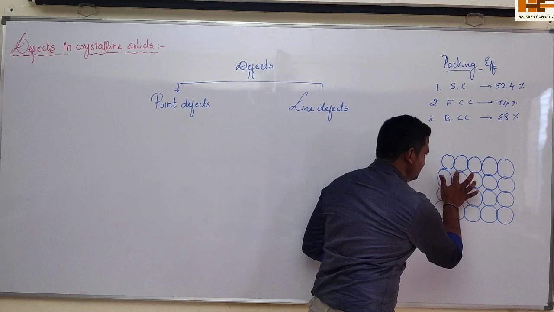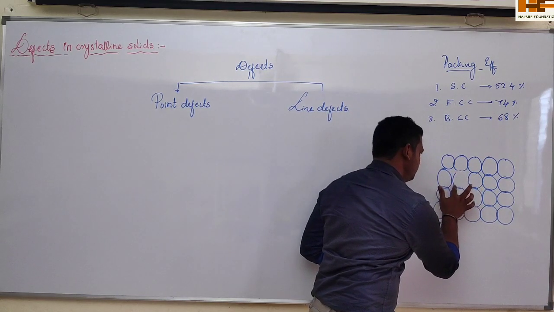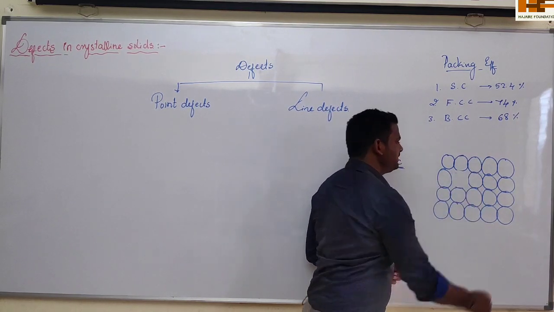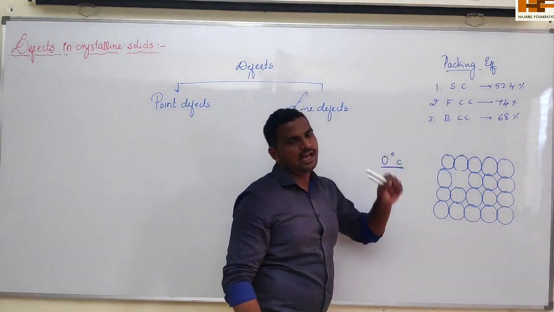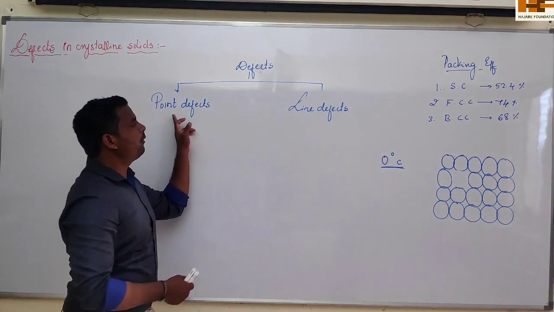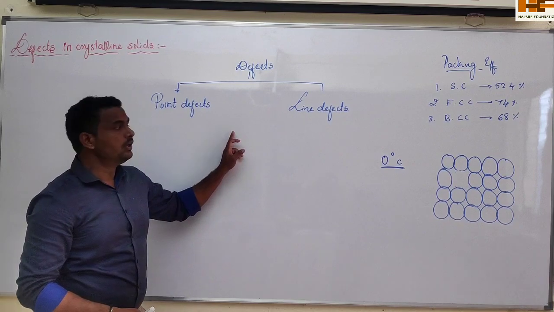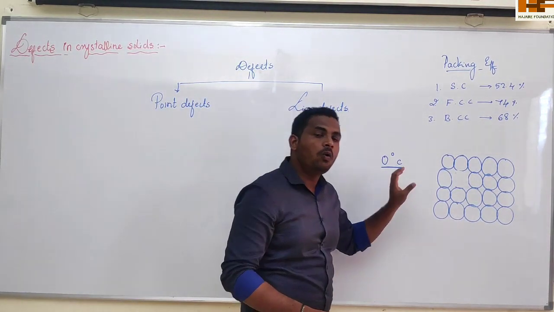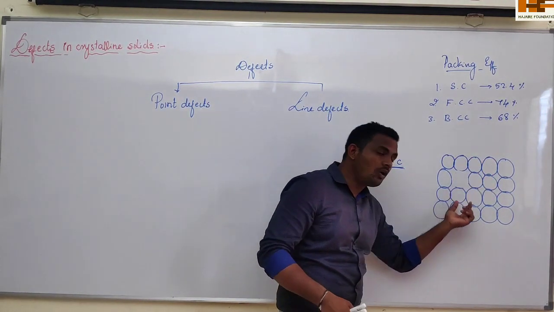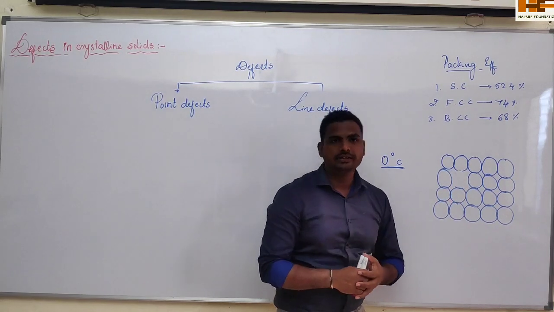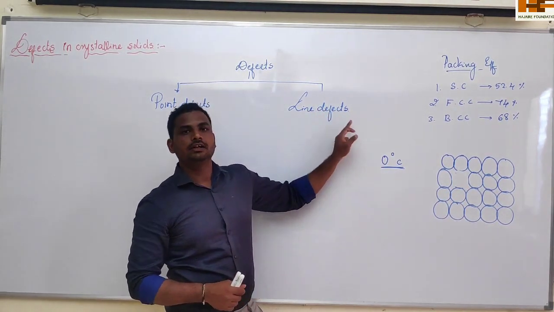If there is a missing of a whole row or whole column in the crystalline solid, we call it a line defect.